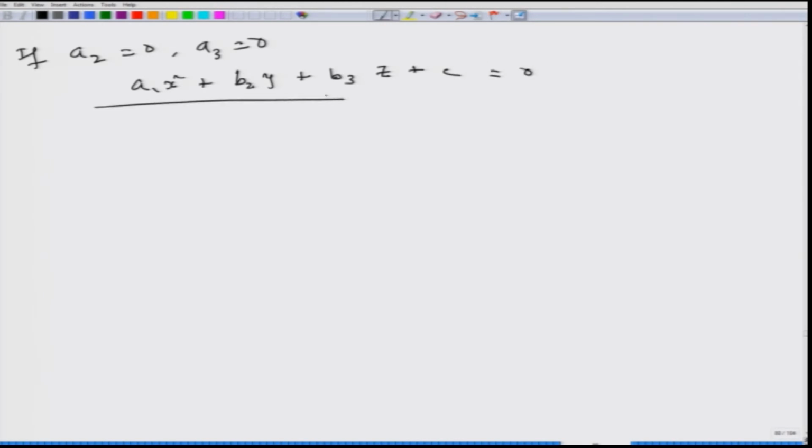Remember, whenever one of A1, A2, A3 is non-zero, we can remove the corresponding B. See, A2 equal to 0, A3 equal to 0, I cannot remove B2 and B3. So, B2 and B3 will remain.